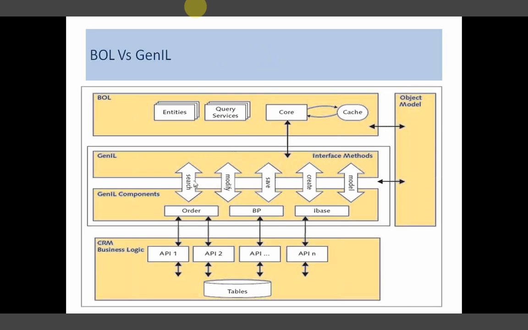Which set of interfaces? We will see in the diagram. Here there is a set of interfaces which have search, modify, save, create as their methods. So the component will implement the set of interfaces so that the bool will be able to interact with the interfaces, which are already implemented by the component. So the bool can communicate through the interfaces with the component.